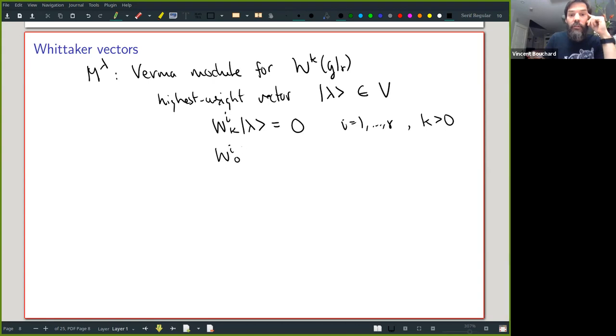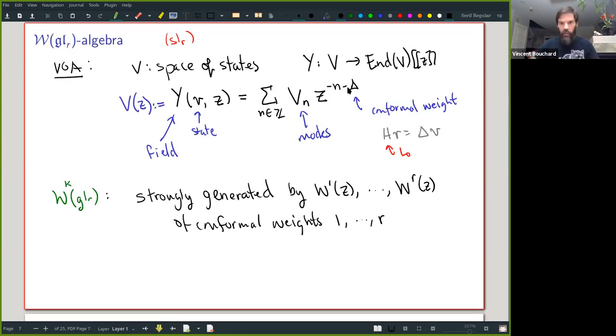And with the 0 modes, you just get some value lambda. So these are eigenstates, and the lambda i's are just some complex numbers here. And that gives the highest weight. That's why it's called the highest weight state. The Verma module is now obtained by acting on this highest weight state by all products of negative modes, negative with respect to that definition here.